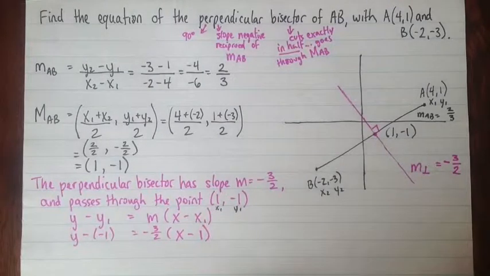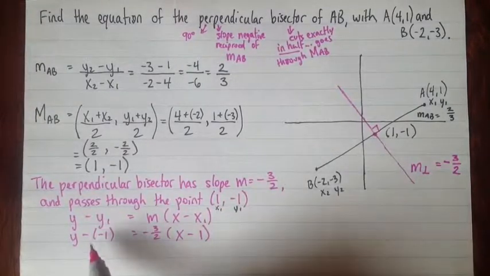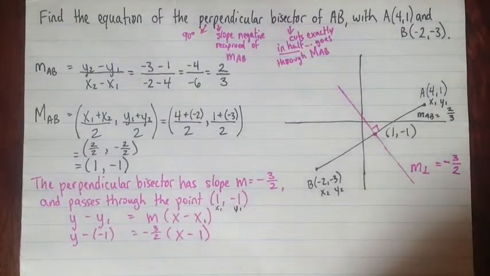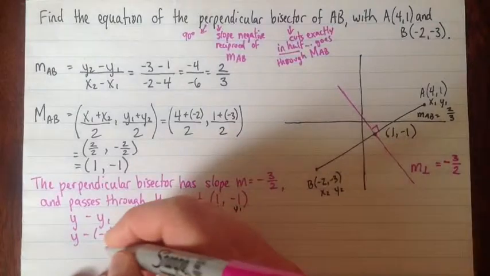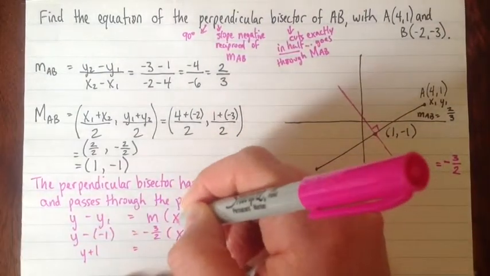It's a perfectly good equation of the line. That being said, people tend to prefer equations in slope-intercept form. So I'm going to simplify the right-hand side here and isolate y. So here I have y plus 1 equals, and I'll expand this out.